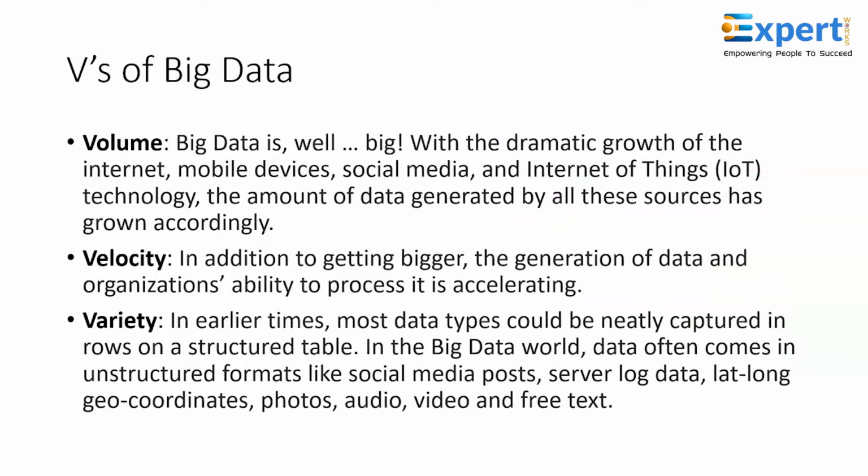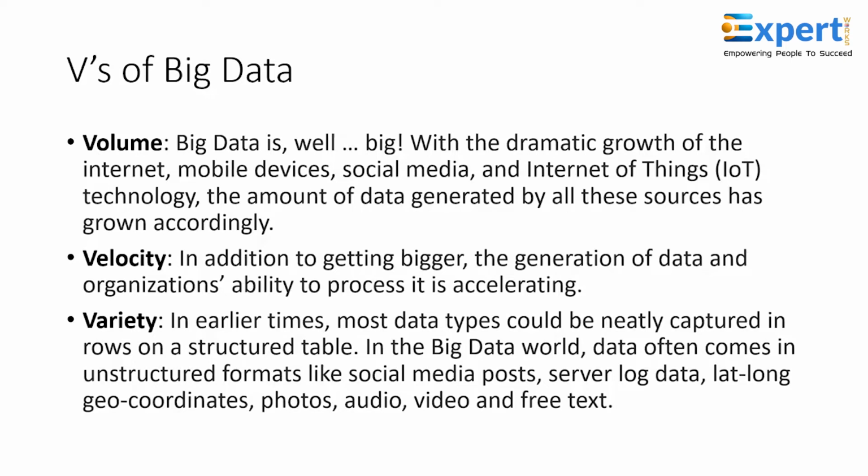Now comes the interesting part, the V's of big data. These are known as the pillars of big data. They are defined as volume, which is basically the big criteria.